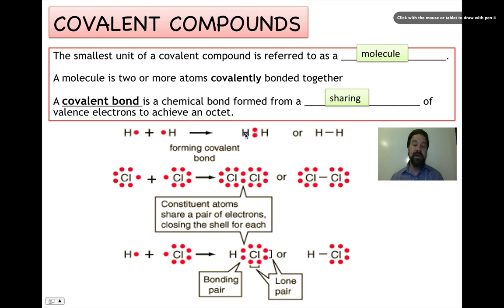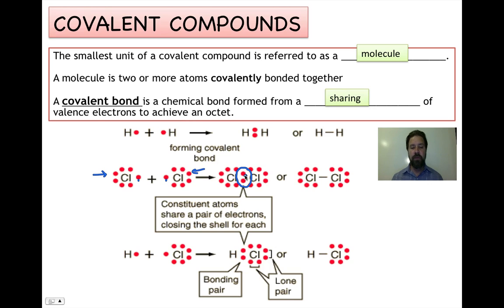So we said that hydrogen and helium tend to be happy with just 2 electrons, whereas everything else needs 8. So we can see that clearly demonstrated with the case of chlorine. In this chlorine atom right here, we have 1, 2, 3, 4, 5, 6, 7 valence electrons. So we have the same in the other one. It just, the single one happens to be facing a different direction. Now imagine that these 2 chlorine atoms are on a crash course for one another, and they smush into each other, and lo and behold, there is a sharing that's going to take place between this electron here and this electron here.